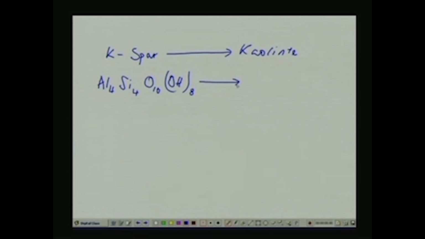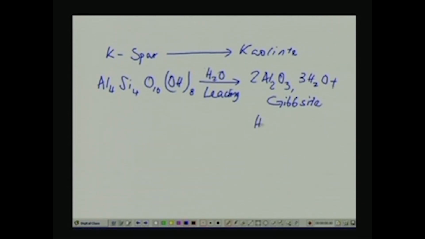Basically what you get here is the action of H2O, and this is a process called leaching, and what you end up with is a tertiary weathering product of this chemical composition. This is called gibbsite, and you also get dissolved silicic acid in solution.